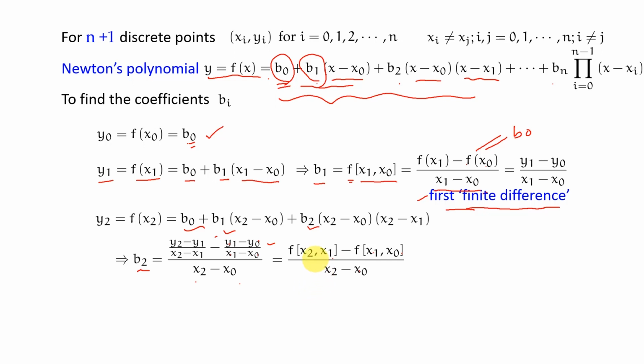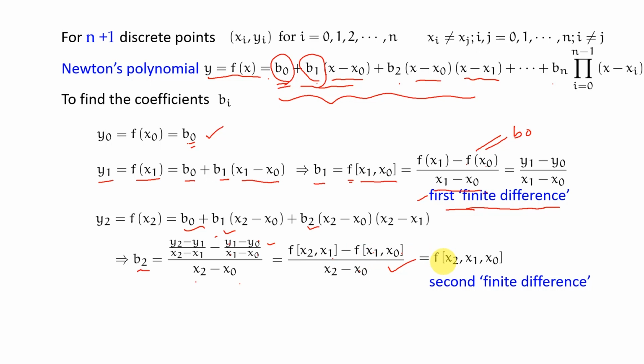So this particular expression, I name it the second finite difference, and within this third bracket I write these three terms x2 x1 x0. This is going to be the second finite difference of x2 x1 x0, and this expression is just given in terms of the first finite difference. This is how I have the b2 now.